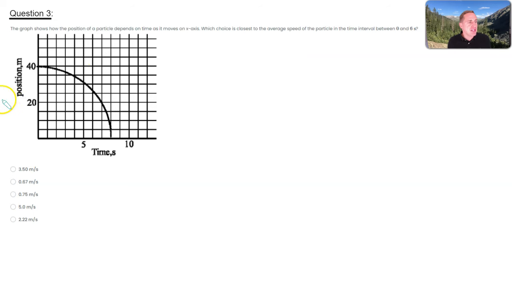Because this is a position versus time graph, I'm going to consider the vertical axis like x, and the horizontal axis like t. So when we think about average speed, hopefully you know, it is the change in position over change in time. So this is the equation for average speed, right? The bar notation here means average. This is change in position over change in time, delta x divided by delta t.